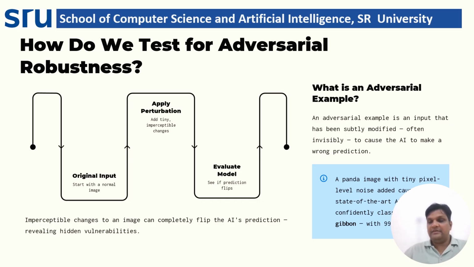We start with a normal input, add teeny changes, and check if the prediction flips. If it does, we found a vulnerability.